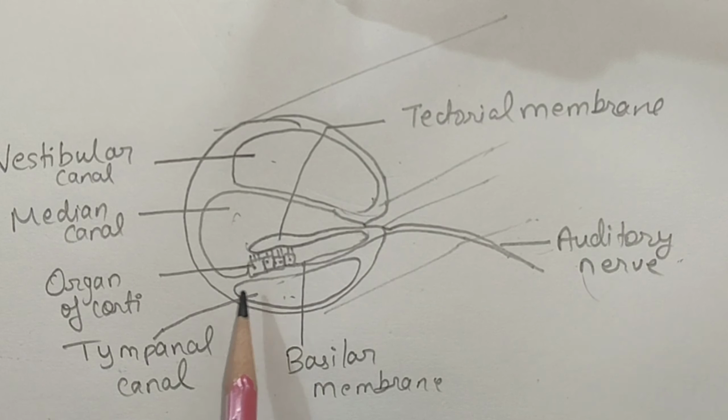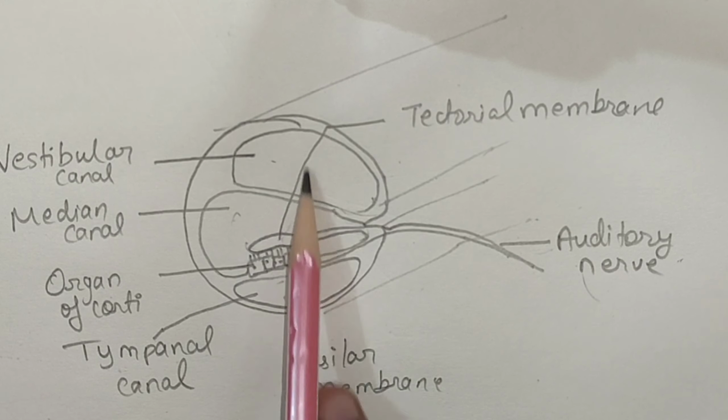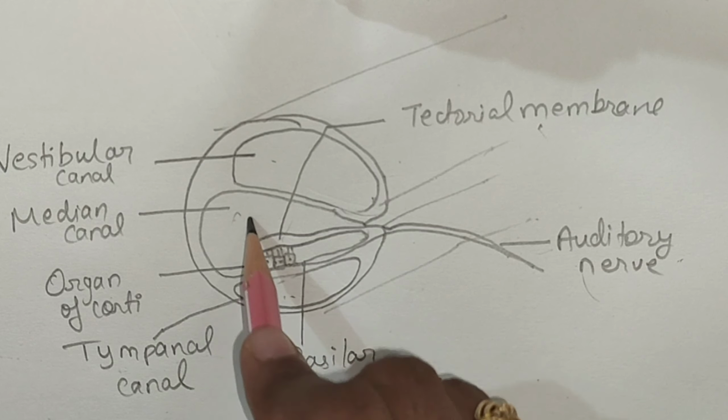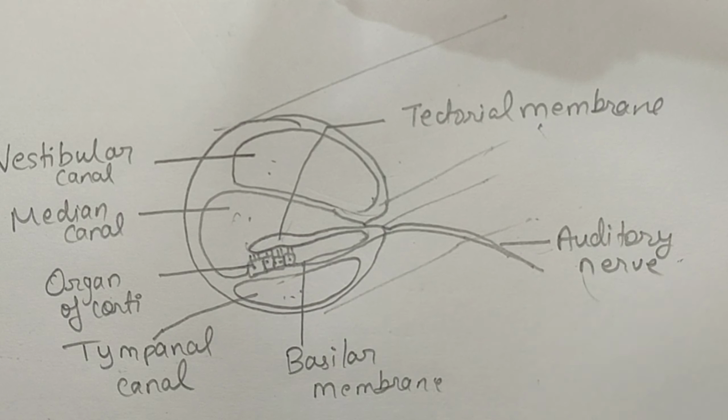In the median canal you have to show the organ of Corti having hair-like cells and the tectorial membrane over it. And you should know the fluid present in these canals. The median canal is filled with endolymph. Vestibular and tympanal canals are filled with perilymph.